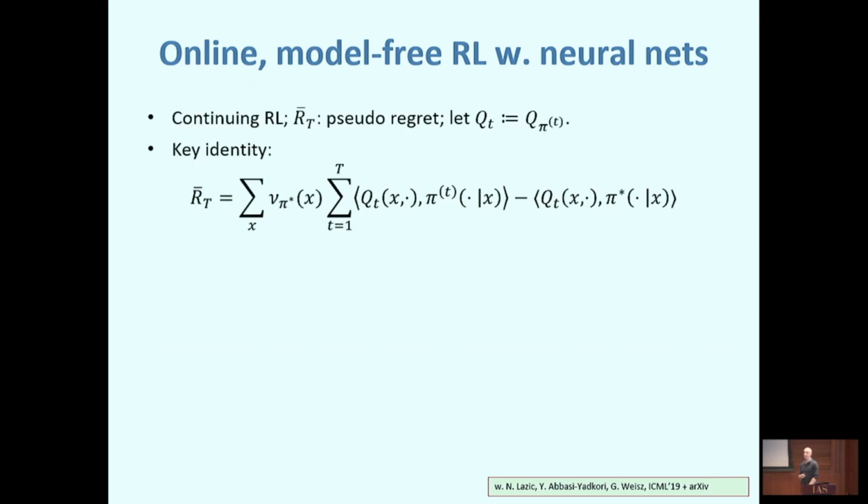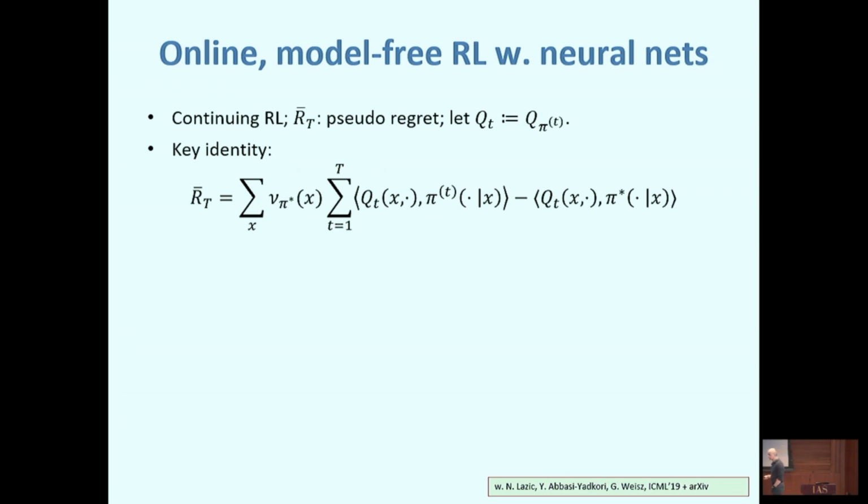If it's an online setting, then you care about the regret. That's how much you lose compared to acting optimally from the beginning, or acting according to some fixed reference policy that you care about. So that's pi star.